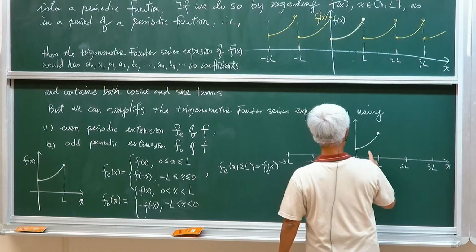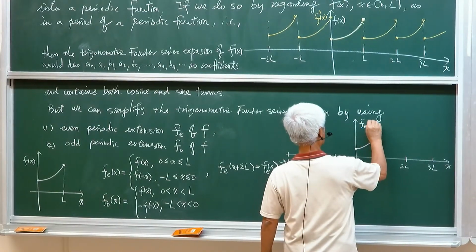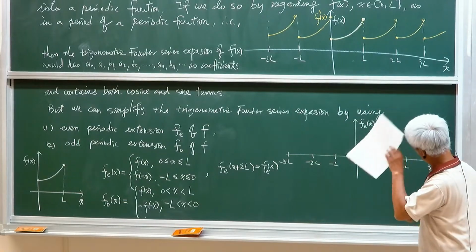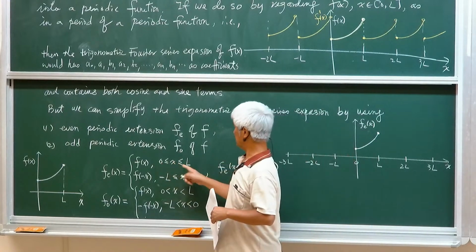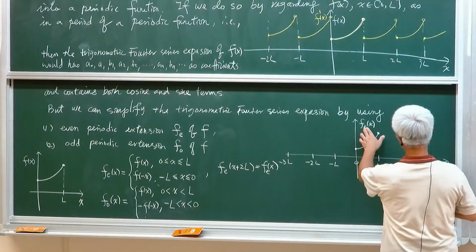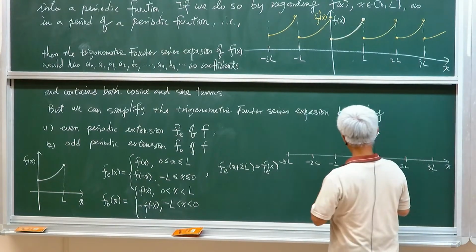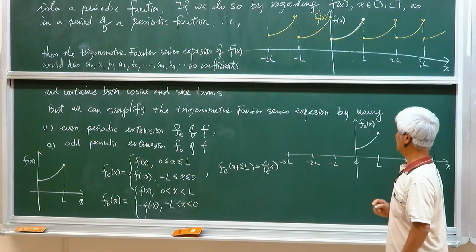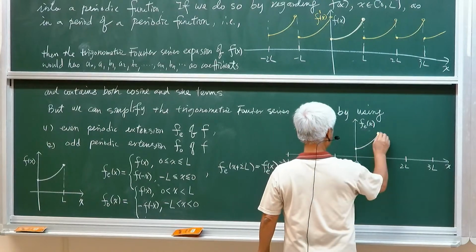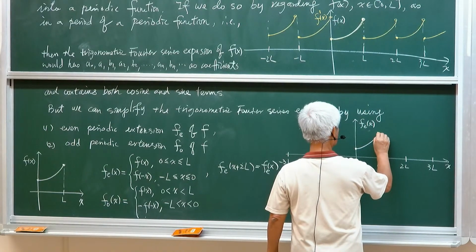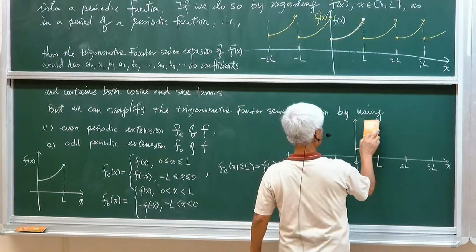Right, so the construction: we want to construct the even periodic extension. On the interval from 0 to L, including the two endpoints, f_e(x) is equal to f(x) exactly. Now, to be an even function, let me construct it.